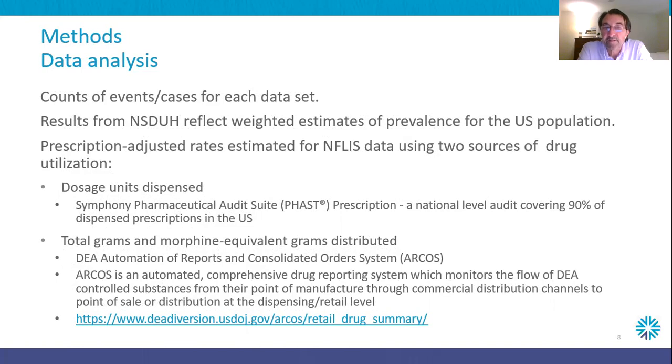For dosage units dispensed, we use Symphony data, which provides information on about 90% of drug prescriptions dispensed in the United States. We also used data from ARCOS, which is described here, with the link to that data set.